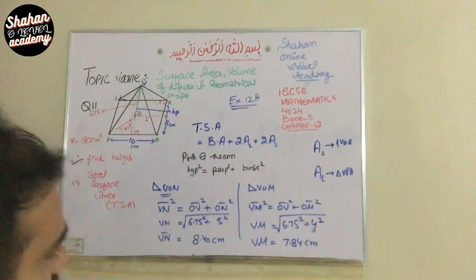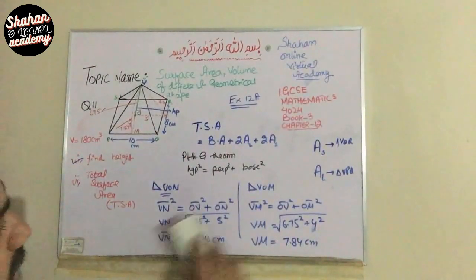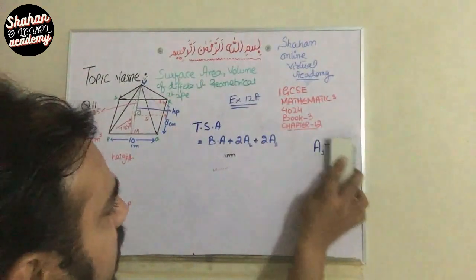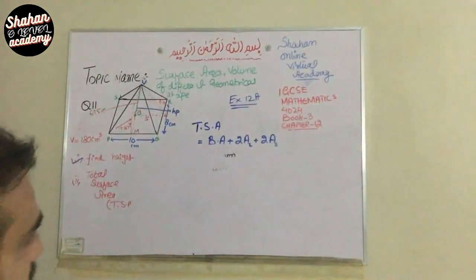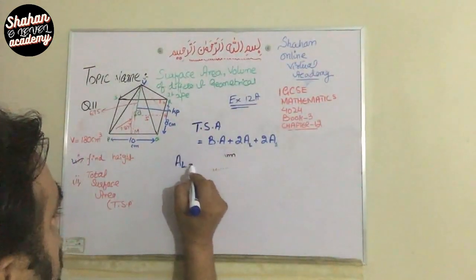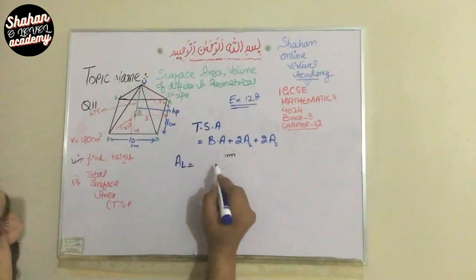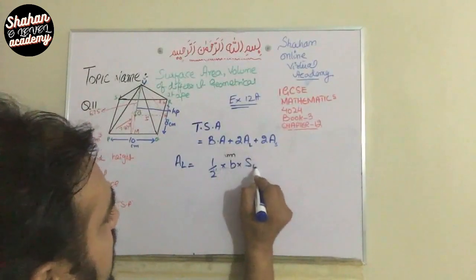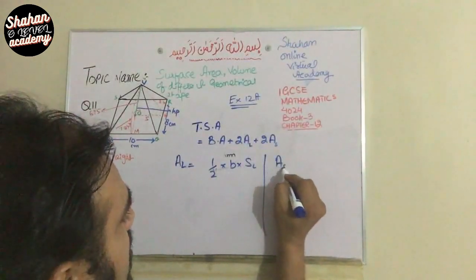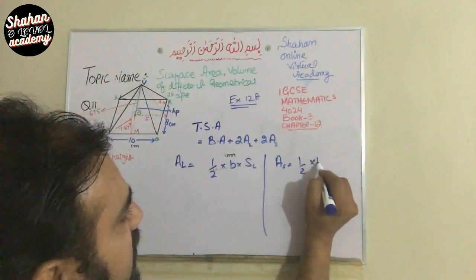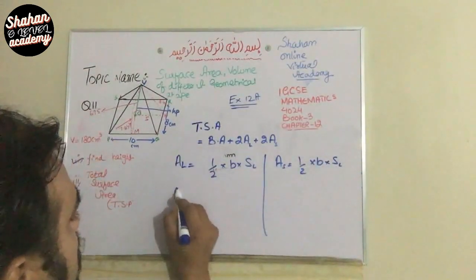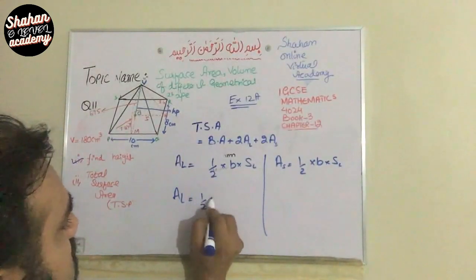Now in the next part we find how we can find AS and AL. Now it's time to find AL. The area of the larger side is half base into slant height. Same for AS, half base into slant height. What is the base?